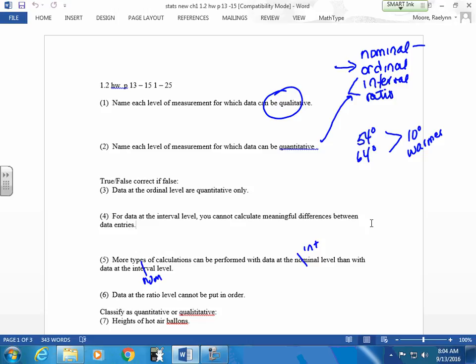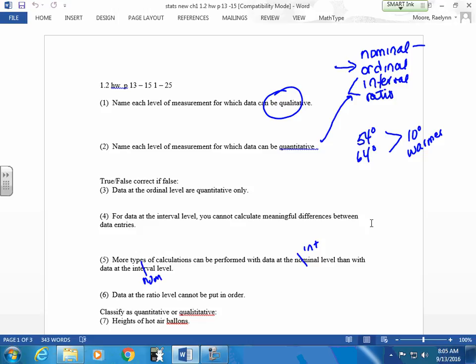Number 6, data at the ratio level cannot be put in order. What did we say about all the levels? They have all the attributes of the one before it. So if ratio is the highest, it passed through all of these. So can we put it in order? We can put them in order.